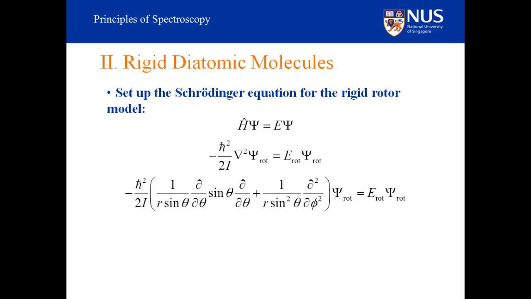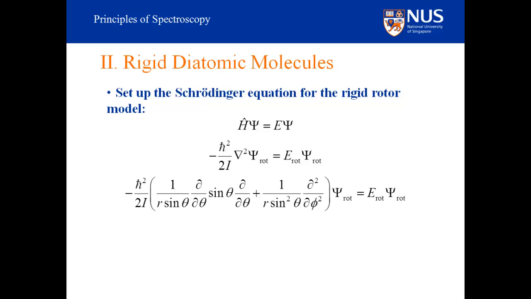Admittedly, this equation looks complicated. But in fact you know the solution to this equation. Can you think of a situation in which you have a particle moving around an origin in chemistry? The classic example is an electron moving around a hydrogen nucleus in a hydrogen atom. What are the solutions for a hydrogen atom? What are the wave functions?